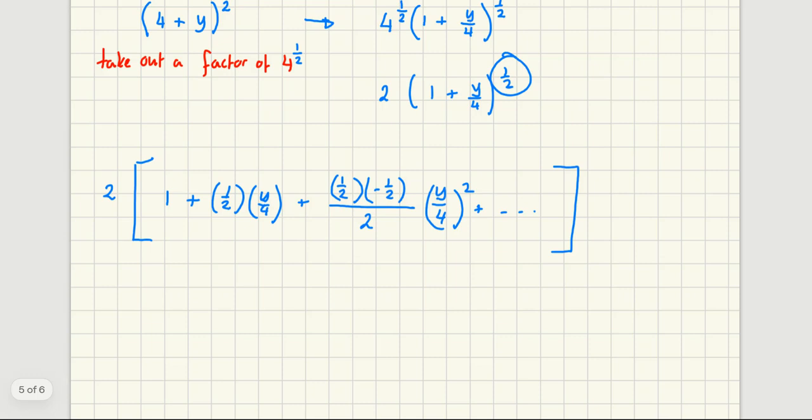So it's the ratio bit that matters, not the exponent. The exponent doesn't matter. It just so happens that when your exponent is not a positive integer, you won't have a terminating series. You'll have an infinite series. So it only works for certain values.